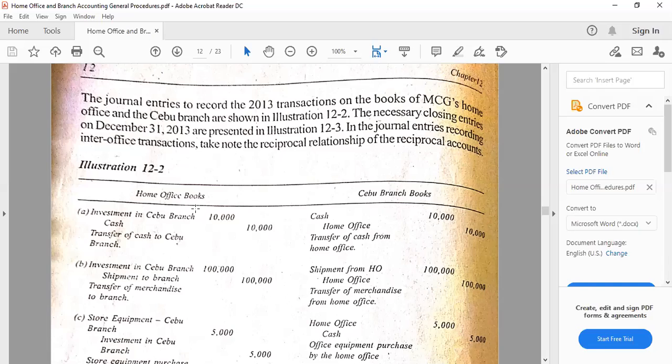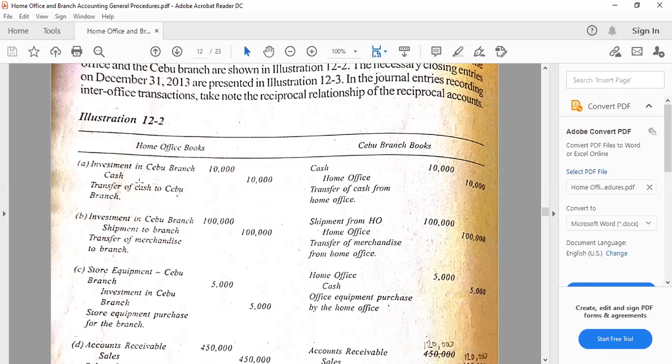So when the home office sent money to the branch, the home office will have to debit investment in Cebu branch 10,000, credit cash. Then the branch books, or the respective home office account, will reflect that as a credit, the opposite, and debiting cash because it received that money.